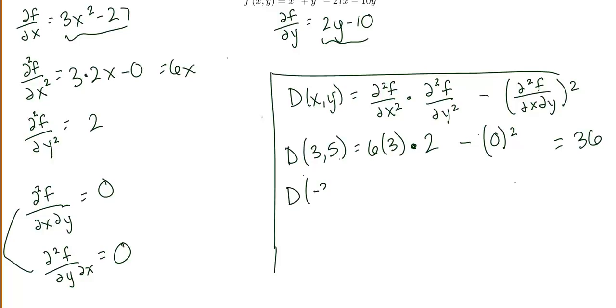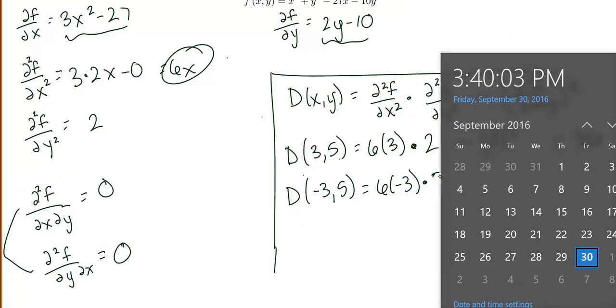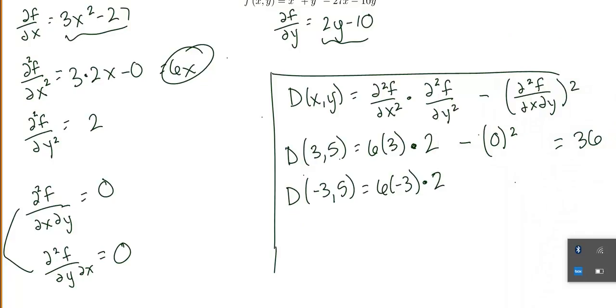And D of (-3, 5) is going to be, let's see, the 6x. So 6 times negative 3 times the derivative with respect to y twice. That was still just the 2. And my mixed one was 0. So we're going to get negative 36.